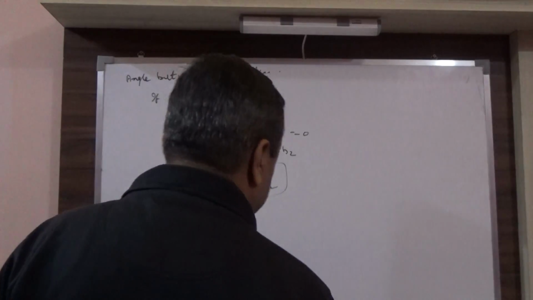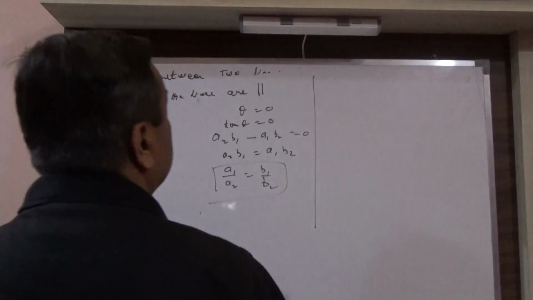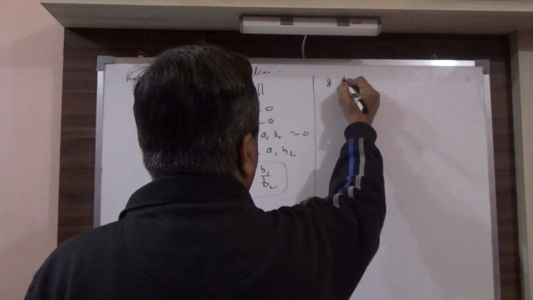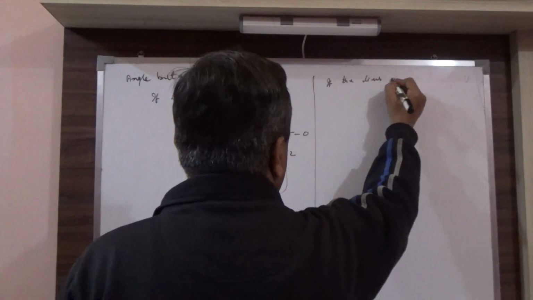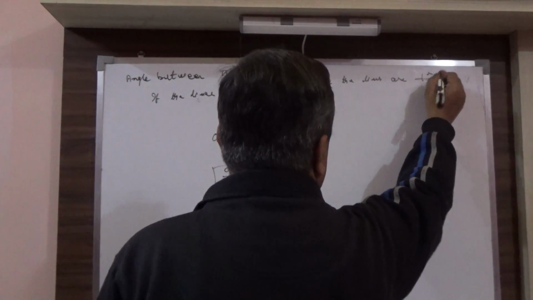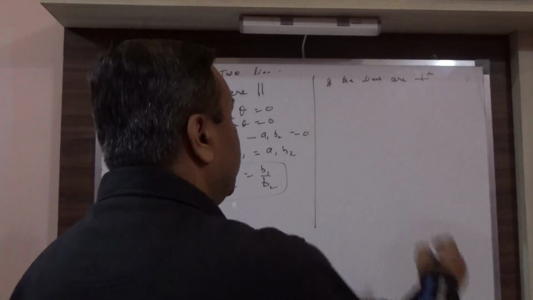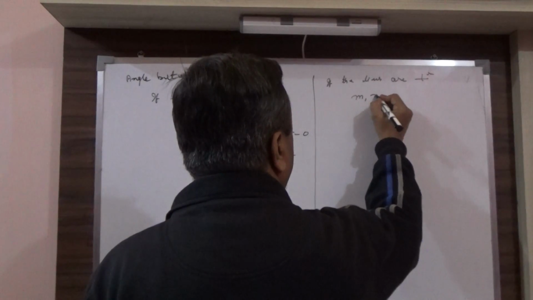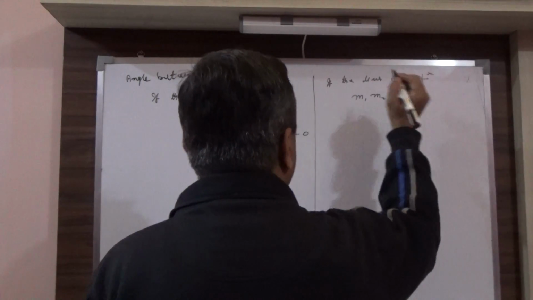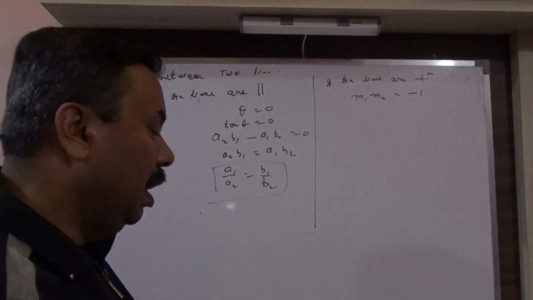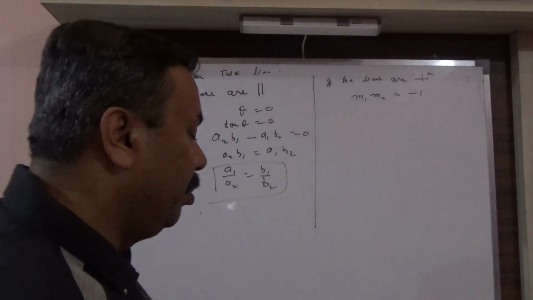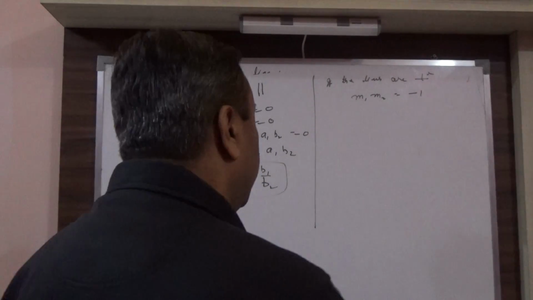Now the second thing, if the lines are perpendicular, then what was the condition? The condition was that m1 m2 is equal to minus 1. So if m1 m2 is equal to minus 1, what was m1?